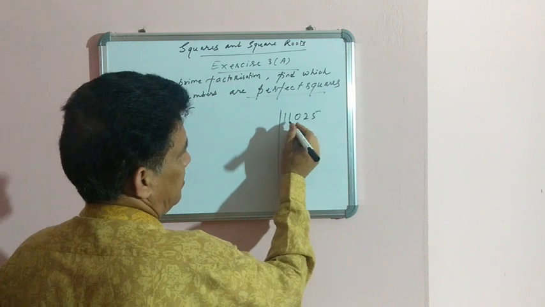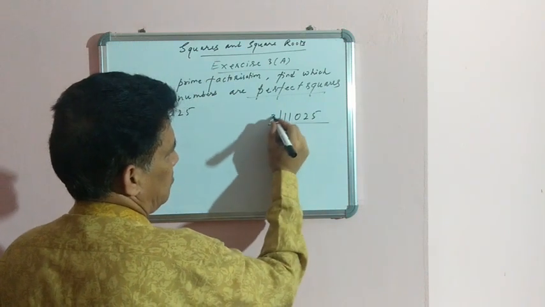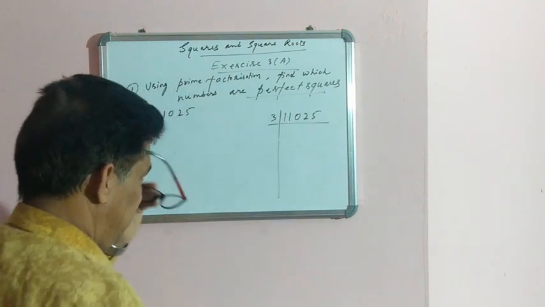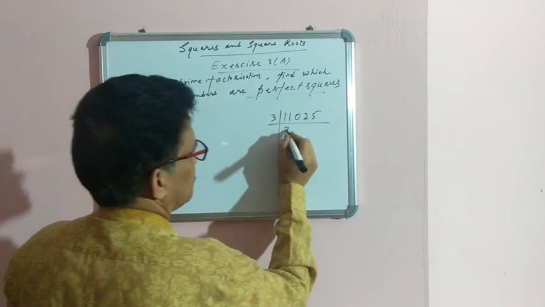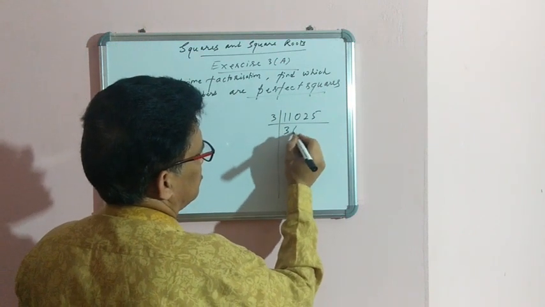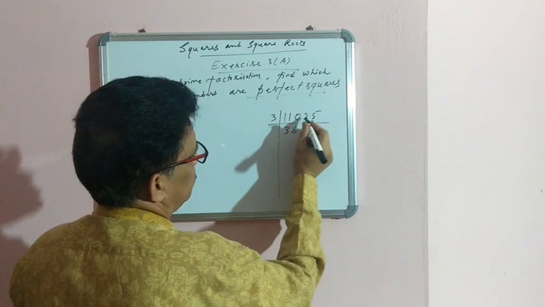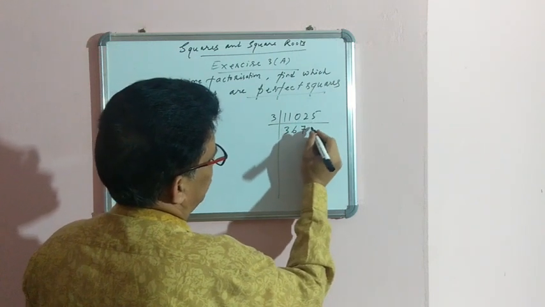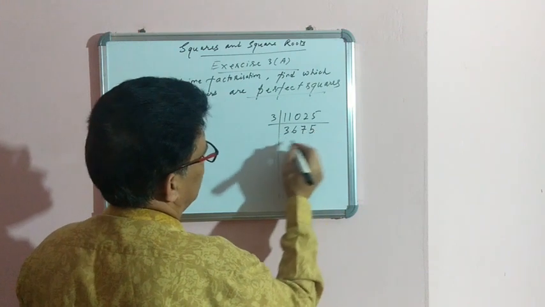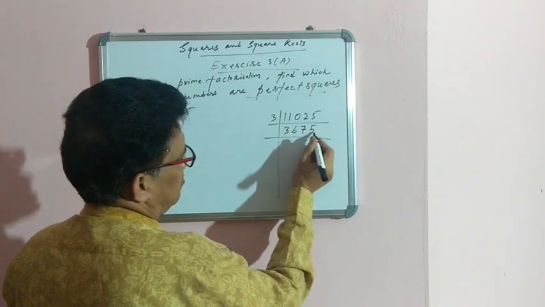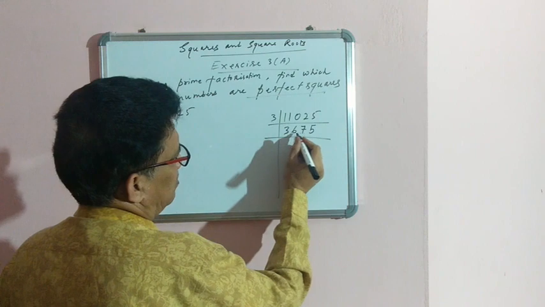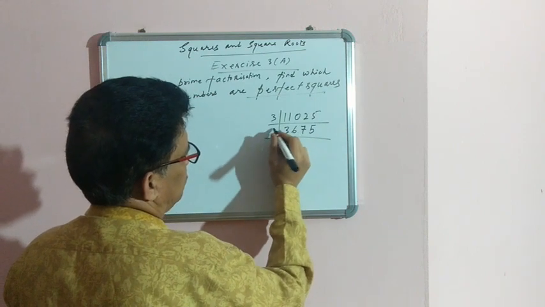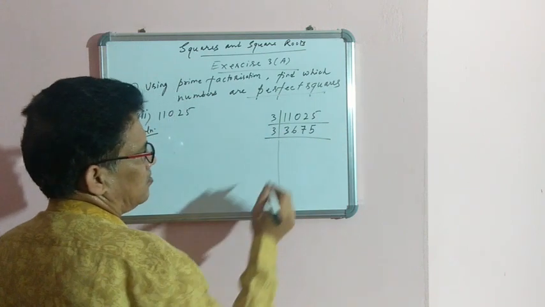The digit sum is 1 plus 1 plus 0 plus 2 plus 5, which is 9, so this is divisible by 3. We divide it by 3: 3 threes are 9, 3 sixes are 18, then 3 sevens are 21, then 3 fives are 15, so we get 3675. Now check again: 3 plus 6 plus 7 plus 5 is 21, so it is again divisible by 3.